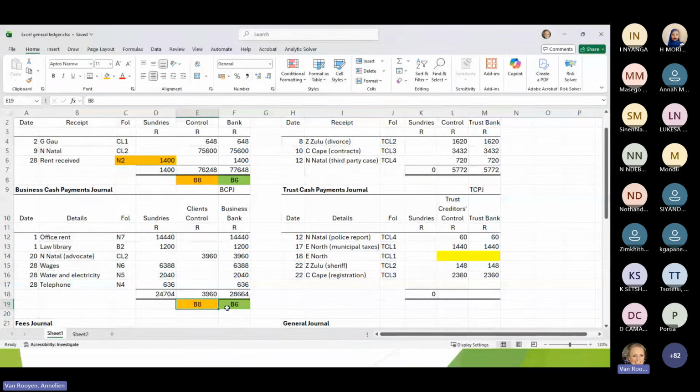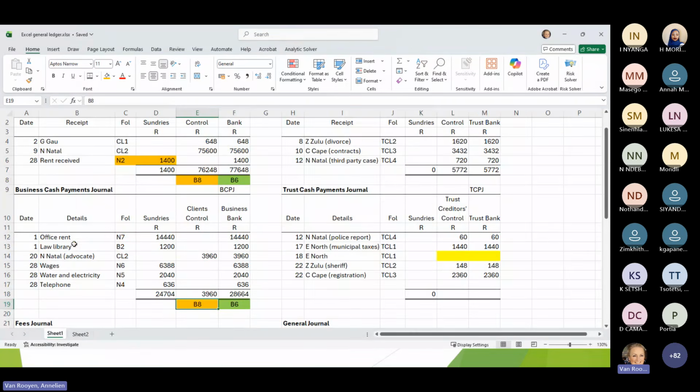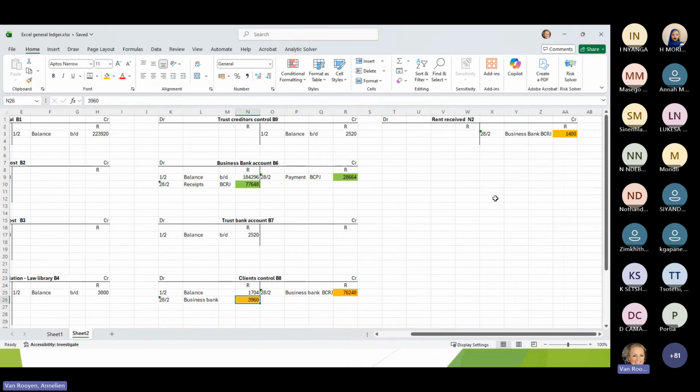Okay. And then for all of these ends, we will have to open other accounts like this one. So you will have one for your office rent, one for your wages, one for your water and electricity, one for your telephone. So you will have to open T accounts for all those nominal accounts.